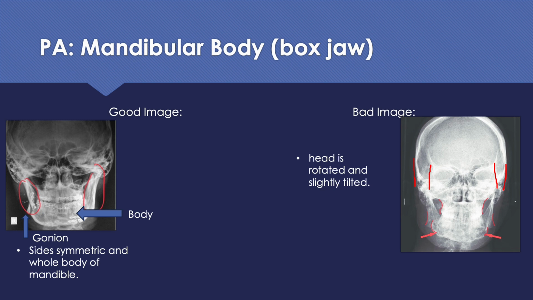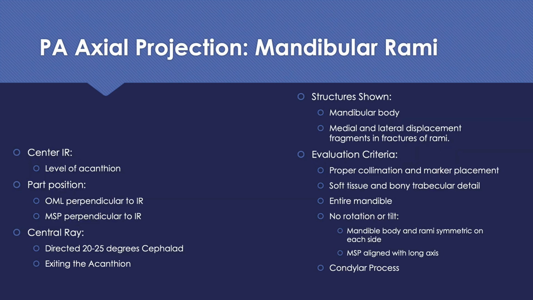To fix this image, you could rotate the head towards the left a little bit, as well as make sure our head is straight. One of the most common mistakes of repeats will be rotation and head tilt for these images.